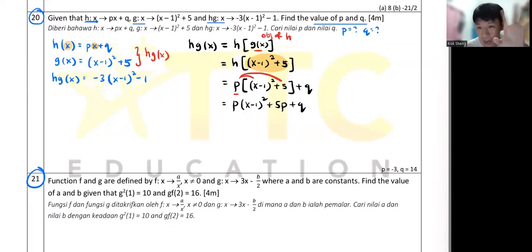Actually, no need. Why? Because you can see the another composite H and G, they have the similar pattern, right? So no need to expand. Just leave it at this. Now both composite HG same equal. These two composite HG equal.